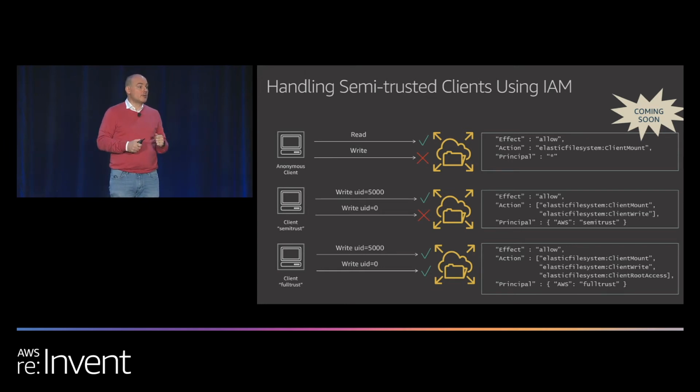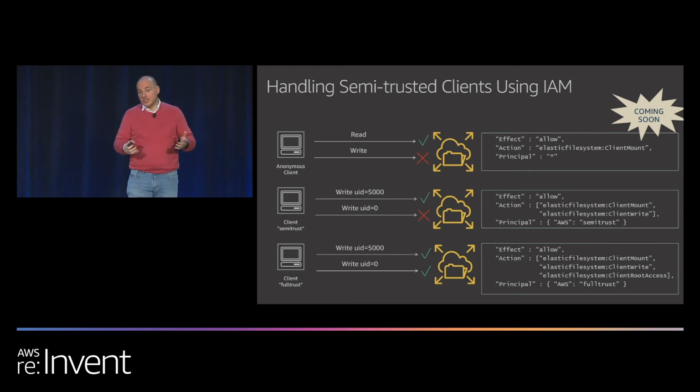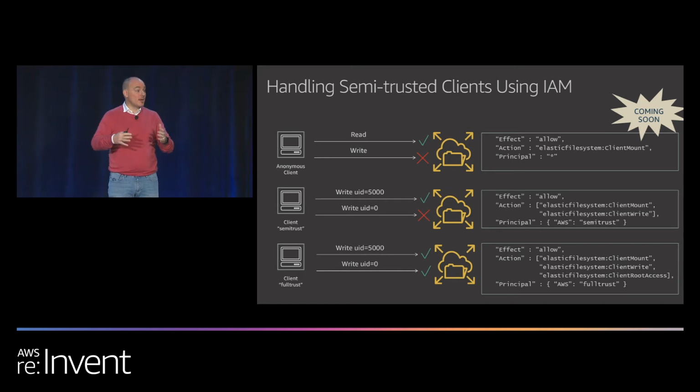If you want to write to or read from the file system as root, that permission is required. Traditional NFS server implementations call this root squashing, and this is sort of the inverse of that. If you do not have the client root access permission, then you are basically root squashed. But the cool thing is that you can use your IAM policies to manage that root squashing in a very scalable way, rather than things like exports lists and so on.